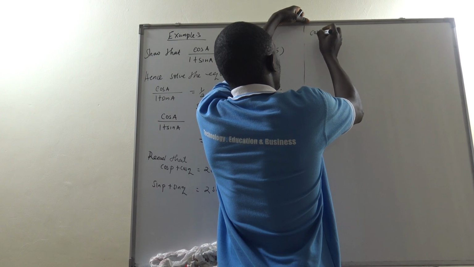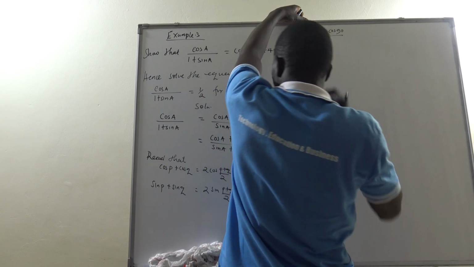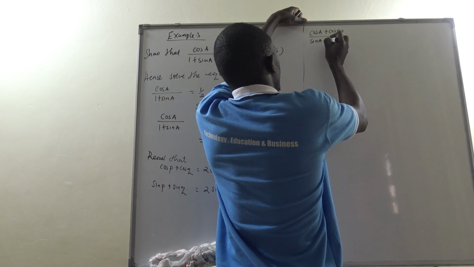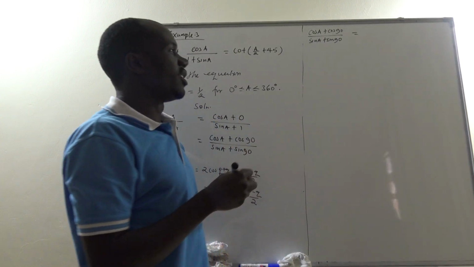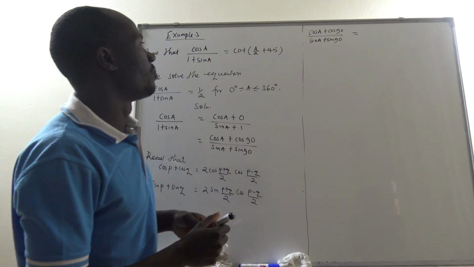I've got cos A plus cos 90 all over sin A plus sin 90. Where there is cos plus cos, we apply the one for plus.